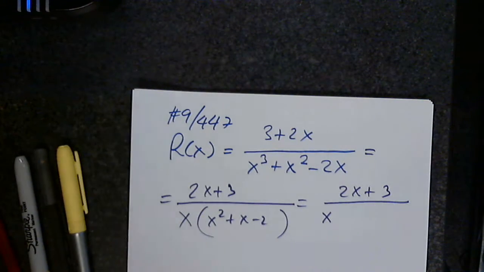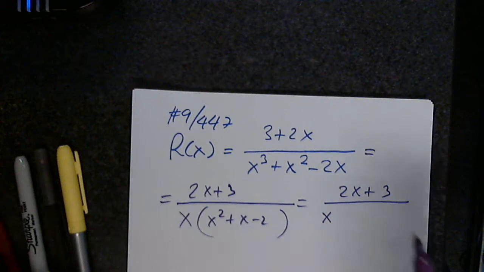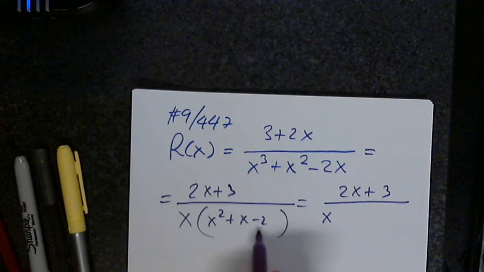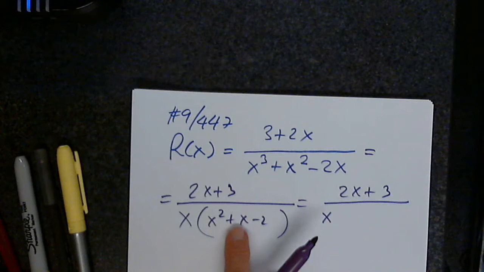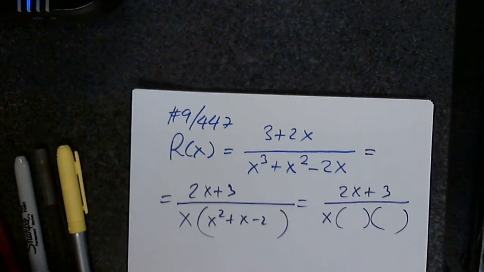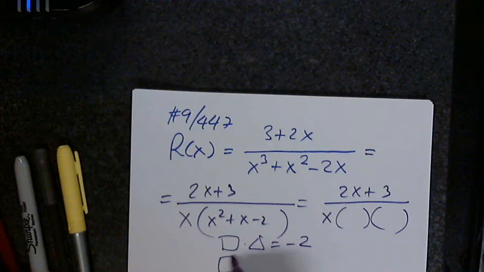We need two numbers whose product is negative 2 and whose sum is positive 1.